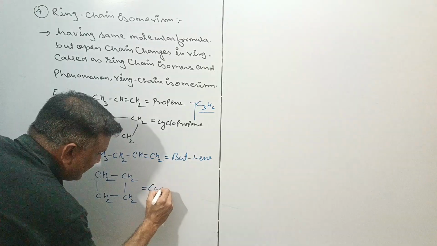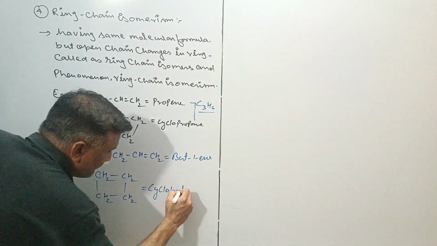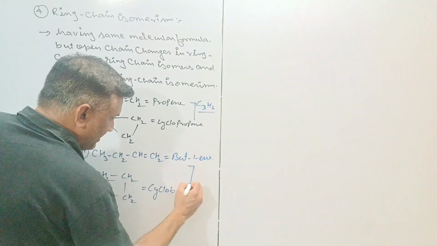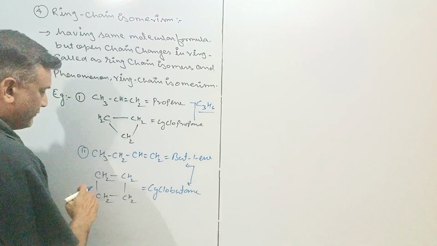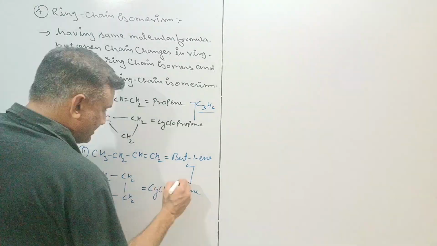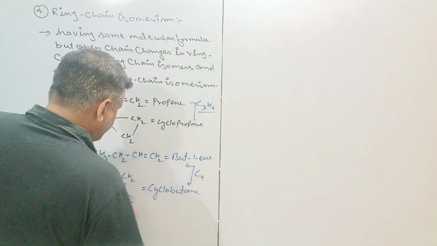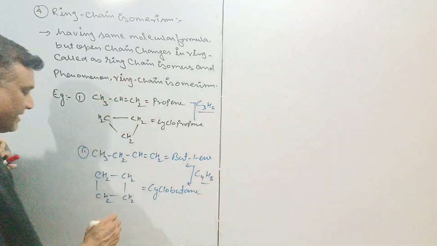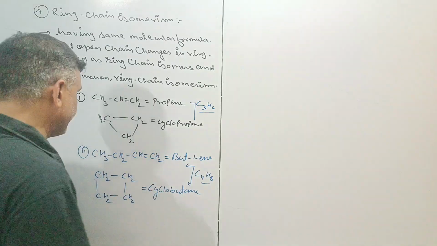This is called cyclobutane. The common formula is 4 carbons, C4H8, for the alkene and cyclobutane.